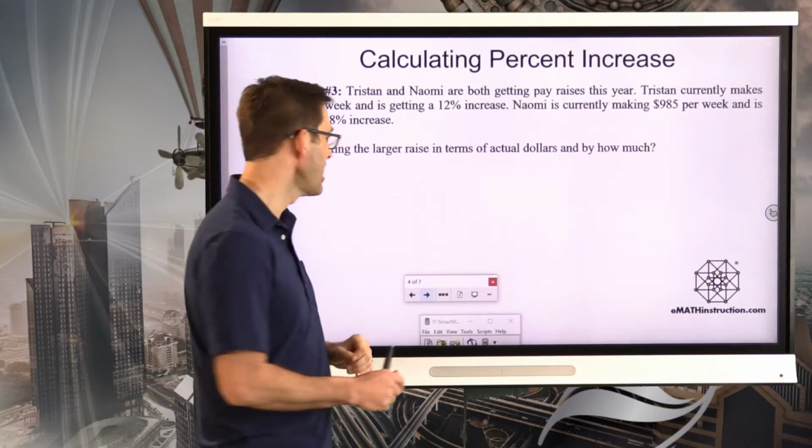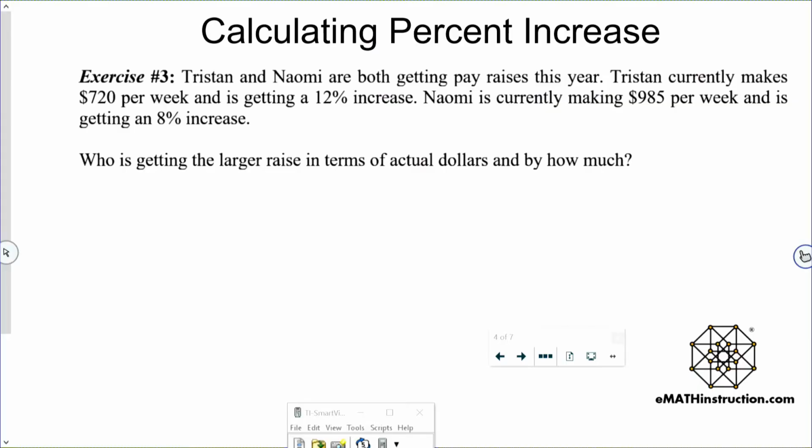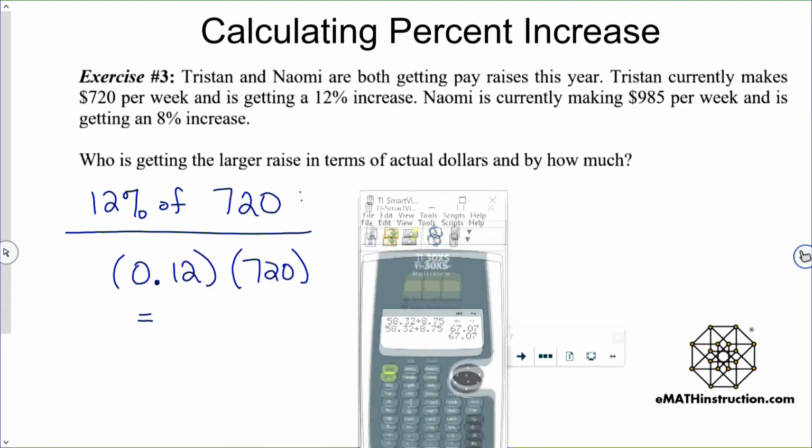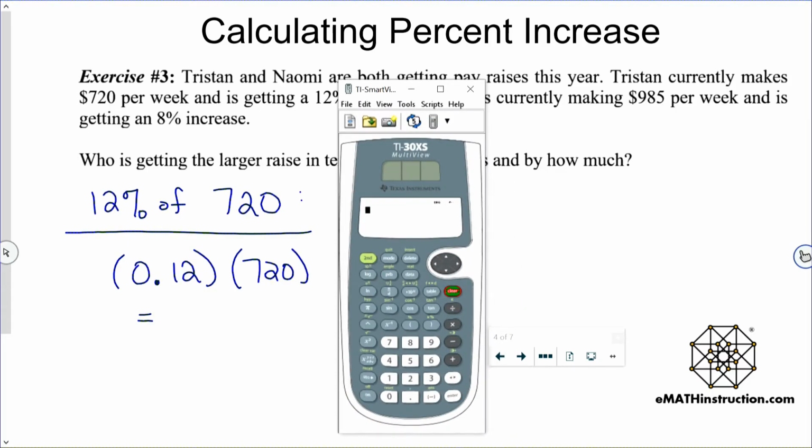So let's lay it out there. All right, very important that we actually lay out the calculation. So first, let's do the 12% of $720. All right, I'm going to go immediately to the product stage. 12% is 0.12, right? We want to multiply that by 720 to figure out Tristan's raise. Again, we're going to do that on the calculator to make it a lot faster.